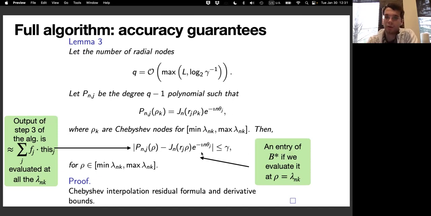So this is exactly what we wanted to approximate, and this is roughly what we get from the algorithm, and this is going to be small, meaning that the algorithm approximates the quantity that we care about. And the proof of this, it's not hard. It is easy, because all we have to do is interpolation bounds on this very specific helper function here. We don't have to care about the properties of the image again.